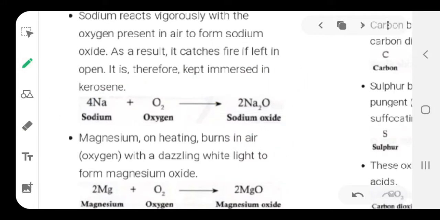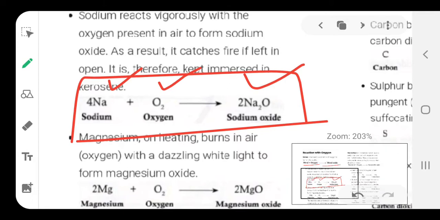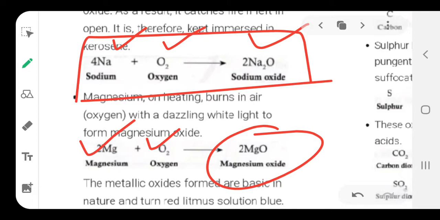We will teach you balancing in the next tutorials. For the time being, write down this equation: sodium with oxygen forms sodium oxide, Na2O. Similarly, in example 2, magnesium combines with oxygen to form magnesium oxide, MgO.